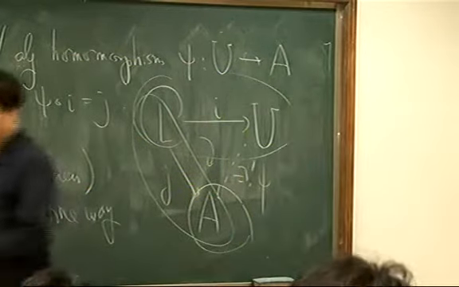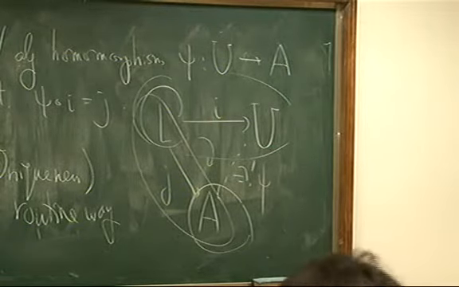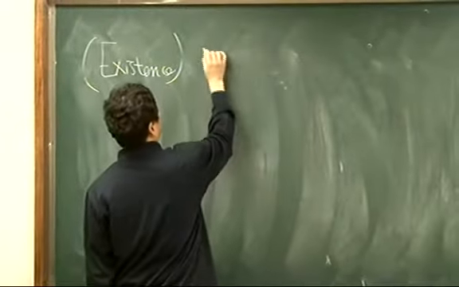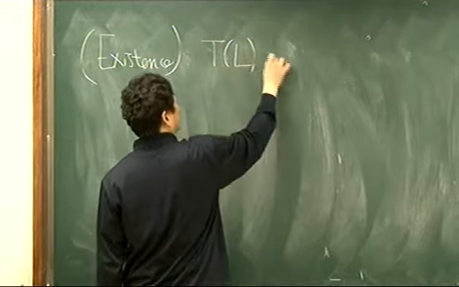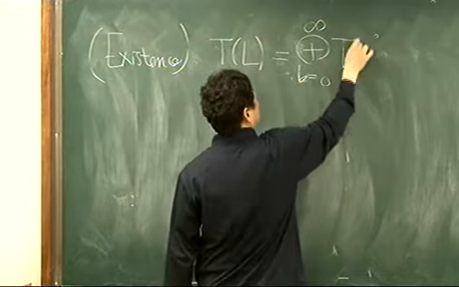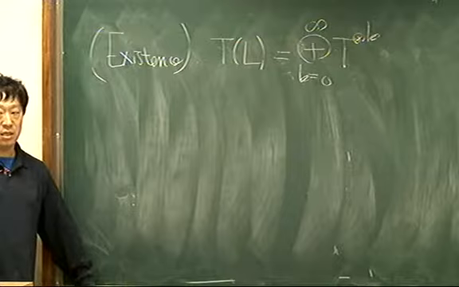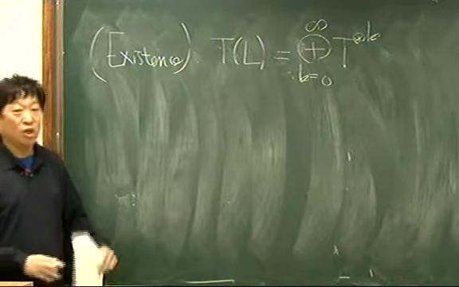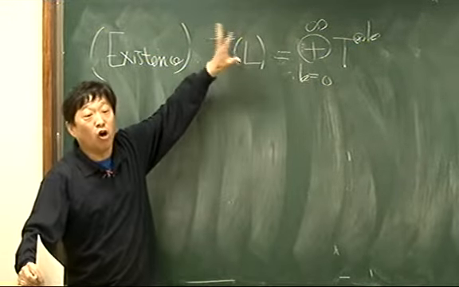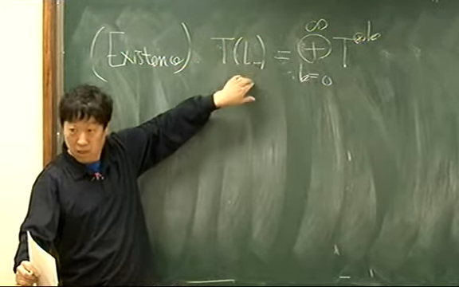Okay? So, how about the existence? Consider the tensor algebra of L. This is the direct sum of pure tensors. So this is a free associative algebra generated by L as a vector space.